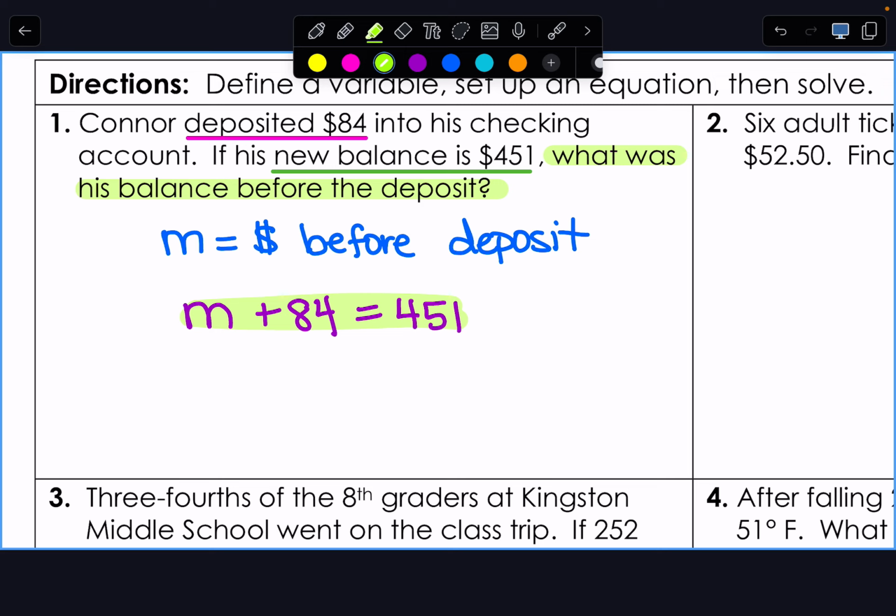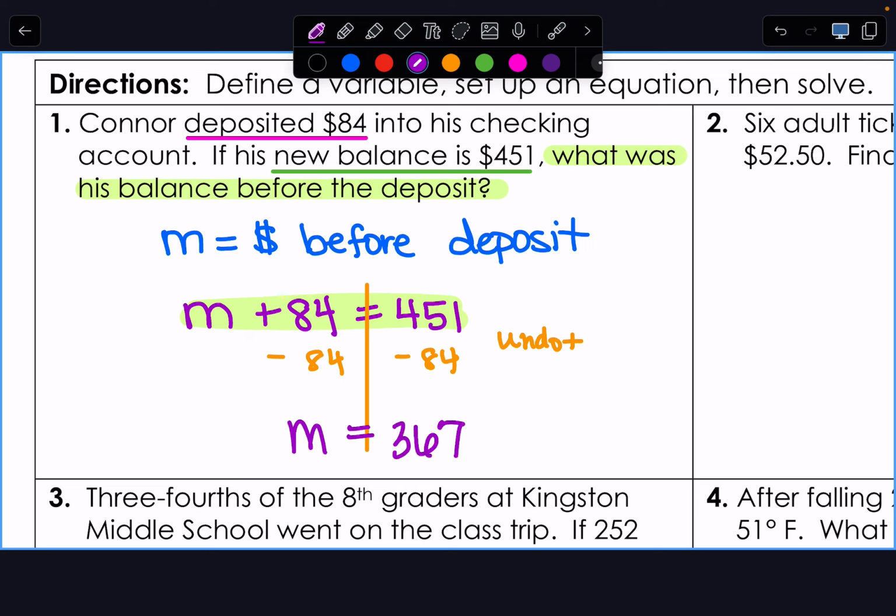I need to see that you wrote the equation. Now we can solve it. I know some of you can figure out 367 without writing the equation. I get that, but the whole purpose is writing the equation to solve. So we need to undo our addition by subtracting 84 from both sides to get M equals 367.